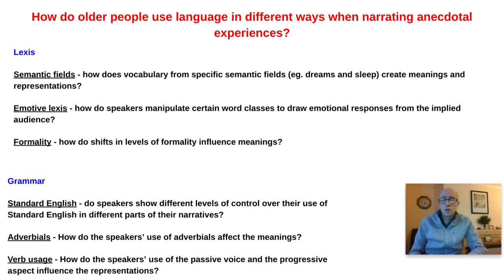And then you could drill down into verbs and look to see what's going on with the verbs. Is the passive voice being used for any effects by the speakers, for example? Or do the speakers use the progressive aspect of the verb, meaning it's got an -ing ending on it? And how do they affect the representations?